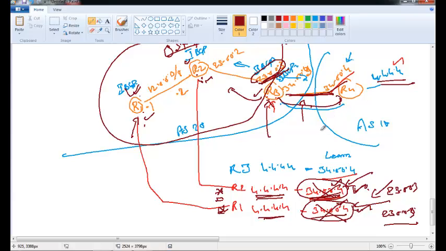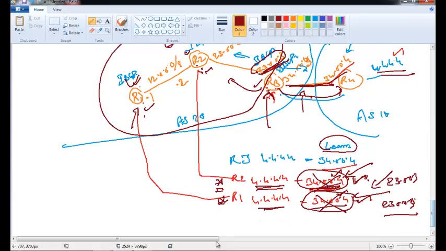So what do we need to do? We need to make R3 change the next hop address, to change the learned address. How to do that? We have a command called next hop self.